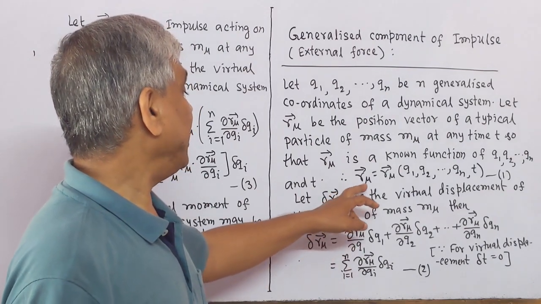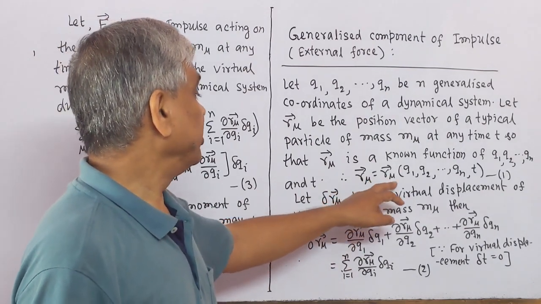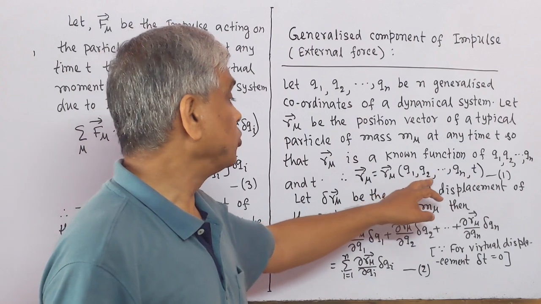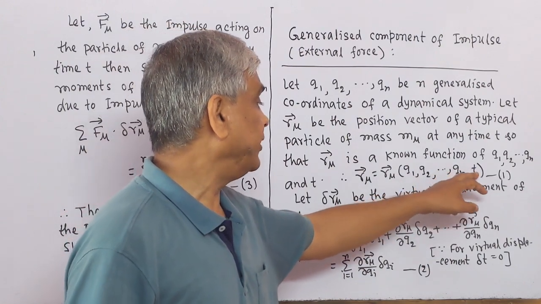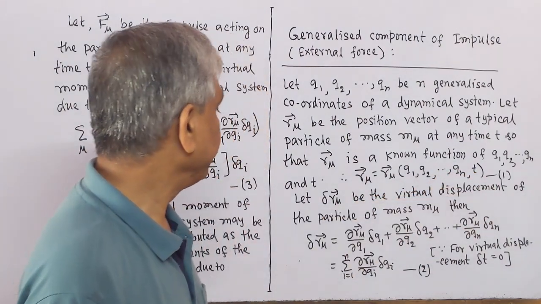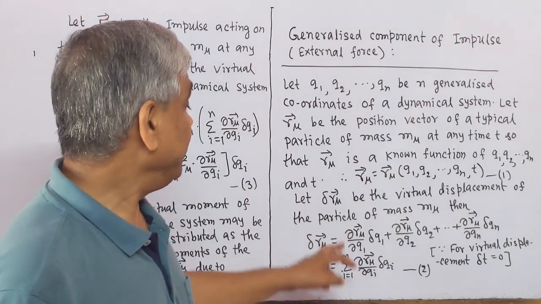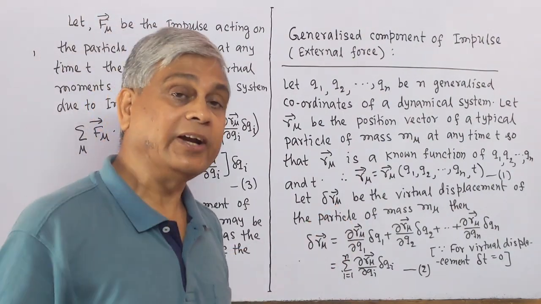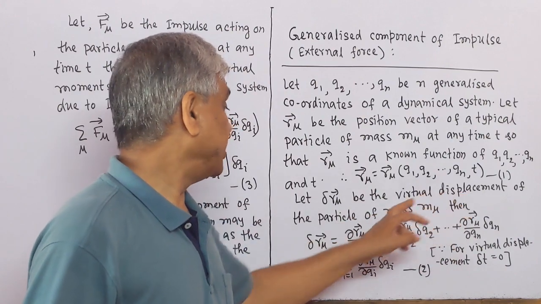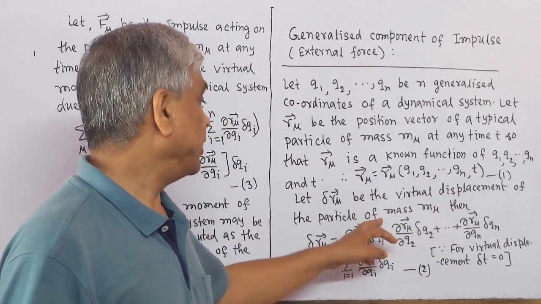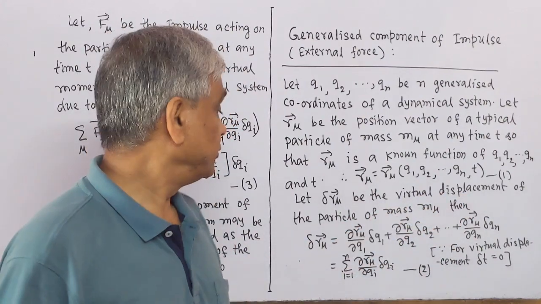Therefore r mu is a function of q1, q2, dot dot dot qn and t. This is number 1.